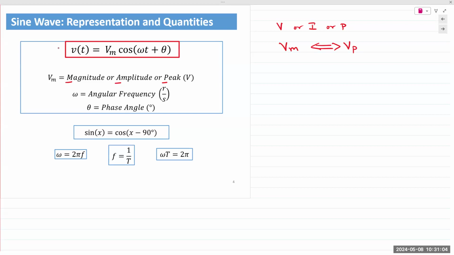What it is representing is the value of that quantity on the y-axis. Remember, the quantity value is always on the y-axis. X-axis is always time. The quantity value is always on the y-axis. And then, of course, this could be Im or Ip. It's the y-axis values.